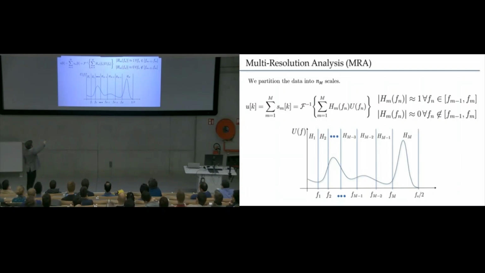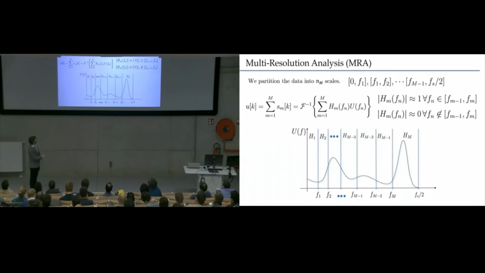So the summation of scales, here let's say I take m scales, is a summation of inverse Fourier transforms of these guys. And all I want is that these transfer functions are approximately 1 within the range that is their range of competence, let's say, and are 0 anywhere else. So that transfer function will tell me what is happening at that scale, okay? We will use this to constrain POD this afternoon, okay?